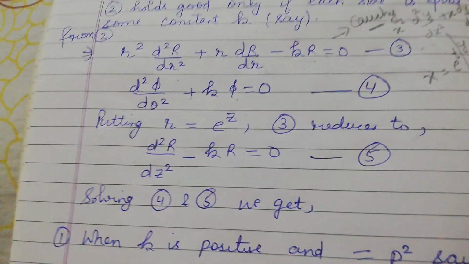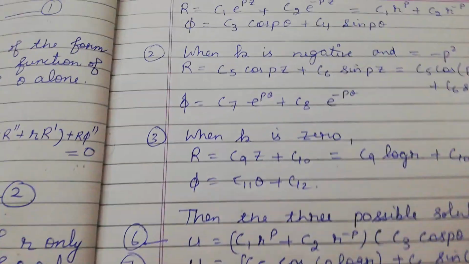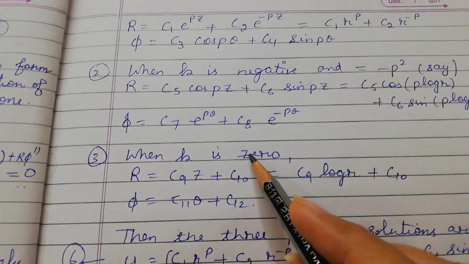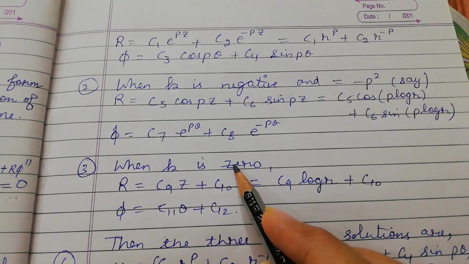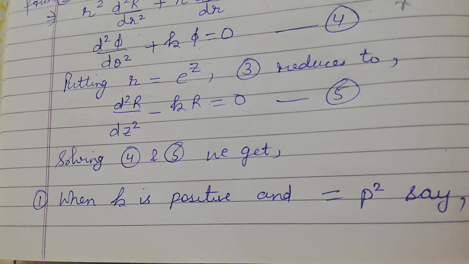Again we will assume three cases: when k is positive and equal to p square, when k is negative and equal to minus p square, and when k is 0. You know better how to find the solutions by taking these cases, as we have done it in so many solutions.